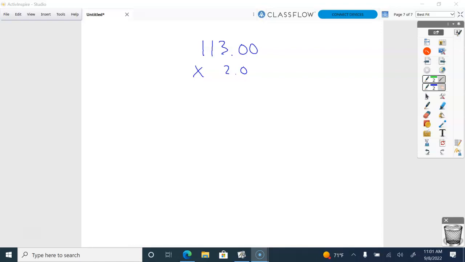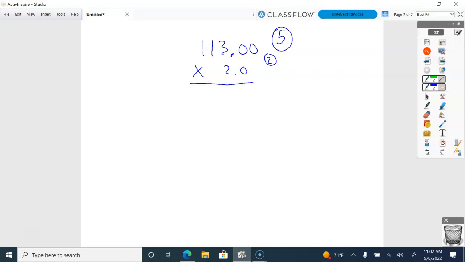How many significant digits does the top one have? 1, 2, 3, point 0, 0. Why am I writing zeros over here? Because they're measured, so this is 5. How many is this one? 2.